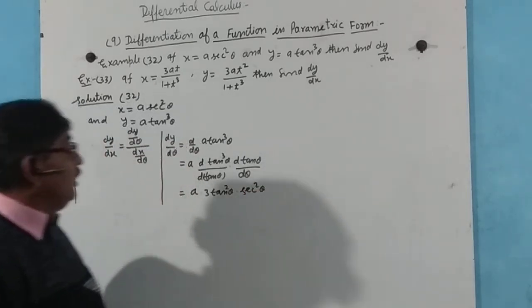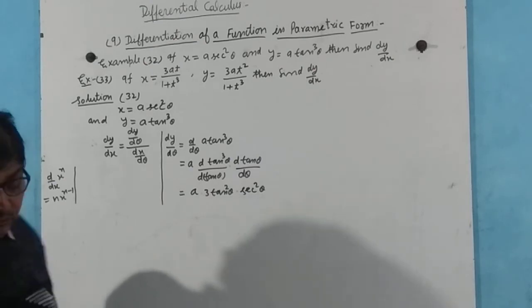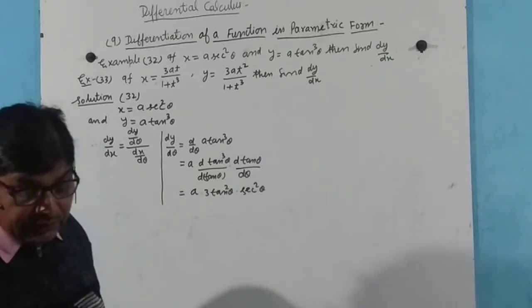So here we get 3a tan square theta into sec square theta.